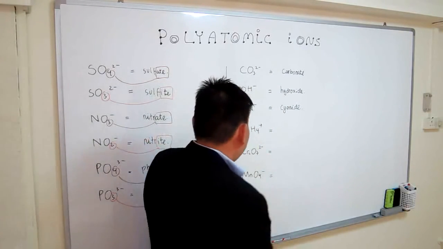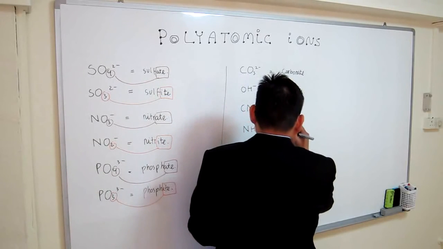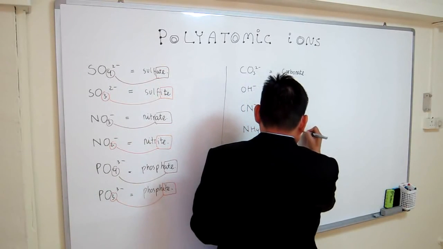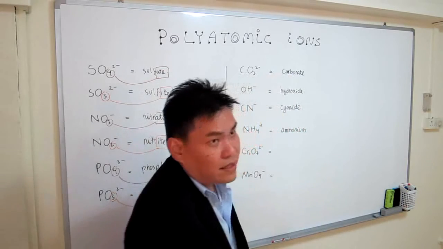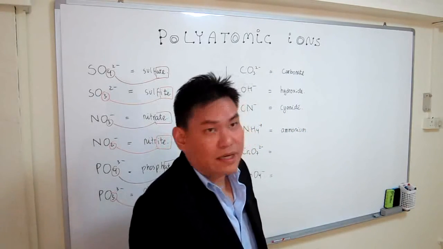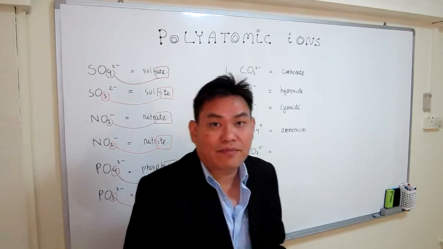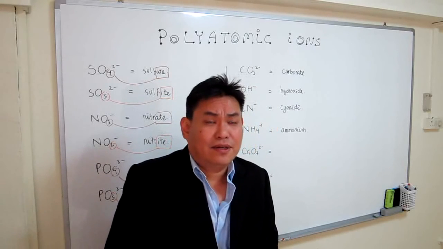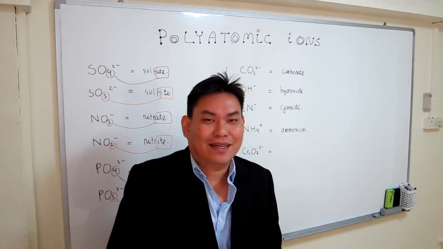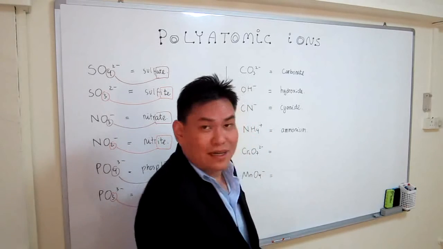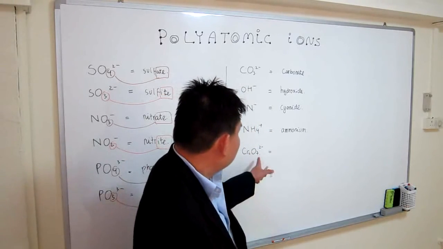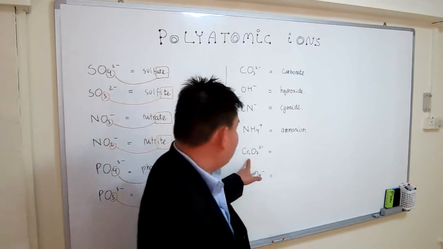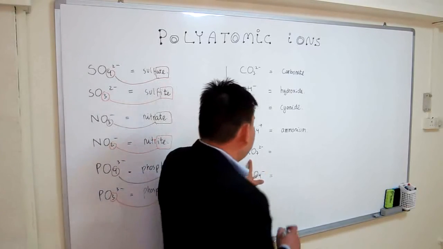NH4+ is ammonium. Cr2O7 2- is dichromate. So remember, in quantitative analysis, you learn about tests for sulfur dioxide using potassium dichromate. So that potassium dichromate is this one. This is the dichromate ion.